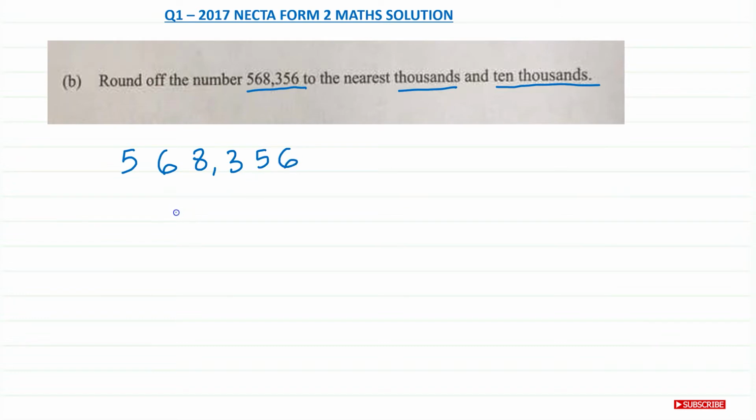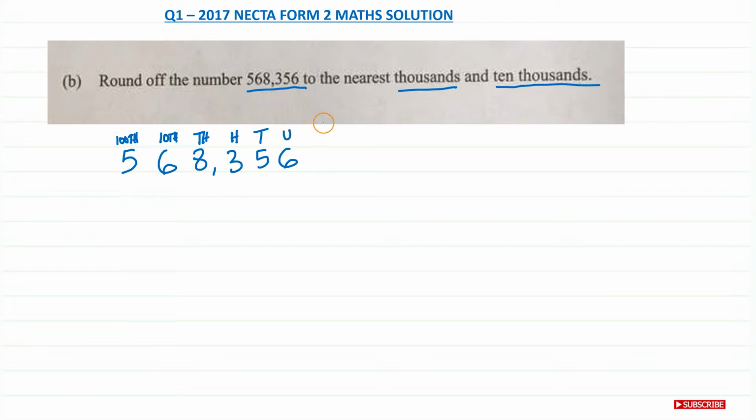First of all, we need to locate the 1,000, and then the 10,000. The first number from the right is the units. Then the tens, then the hundreds, then the thousands, then the 10,000s, and then the 100,000s.